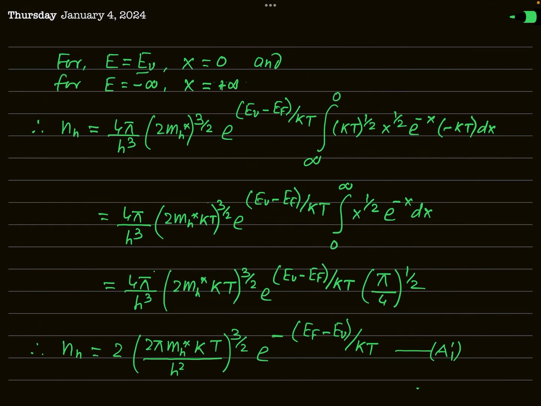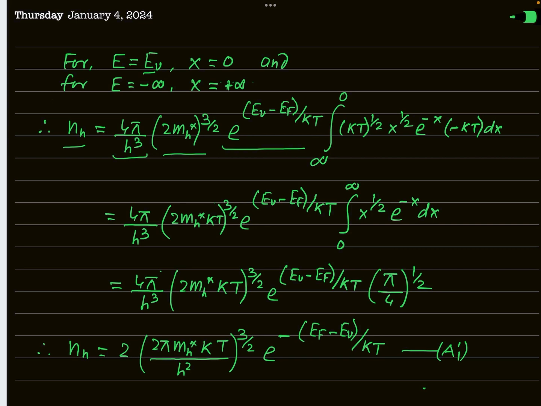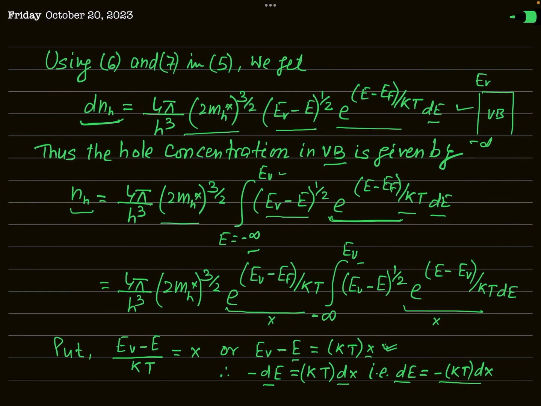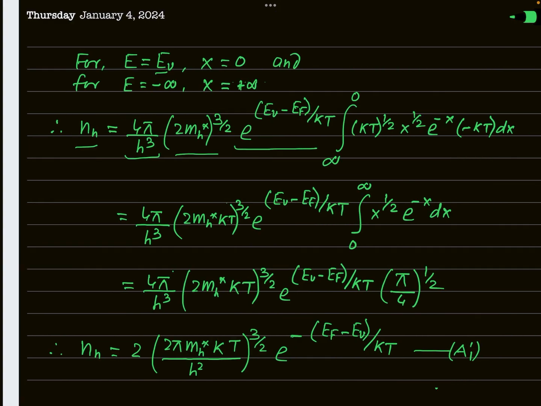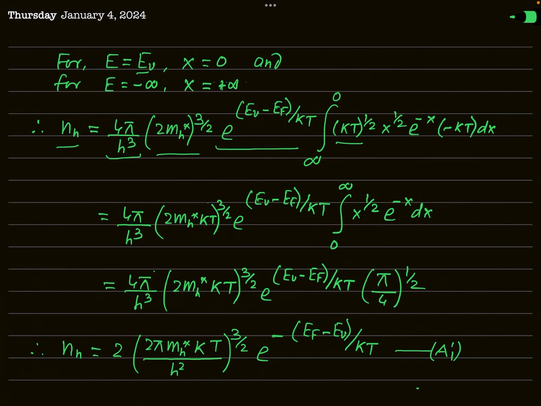Okay, and so the expression for NH you can now write in this manner. This is 4 pi over h cube times (2 mh star) whole to the power 3 by 2, e to the power (EV minus EF) by kT, integral infinity to 0. And here there is (EV minus E) whole to the power half, but EV minus E is equal to kTx, so this will be kT to the power half times x to the power half.